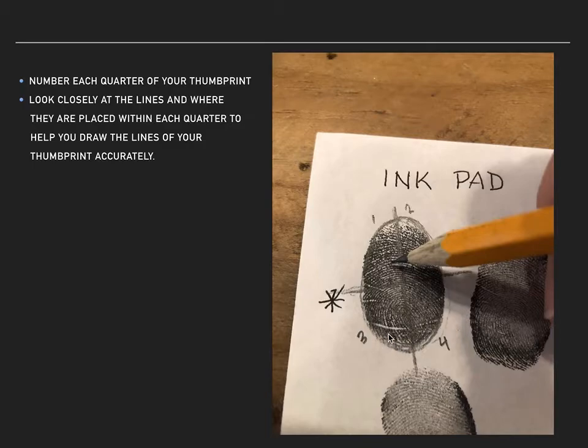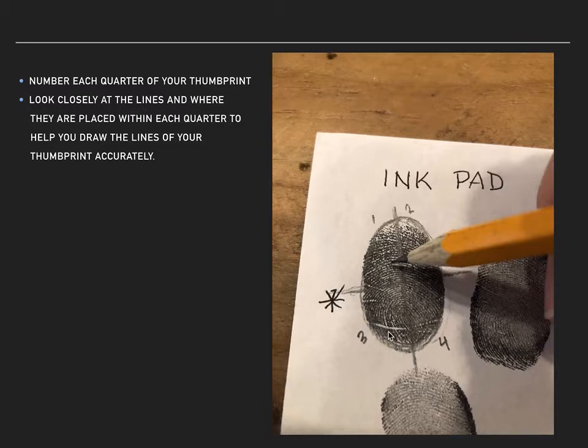Then from there I noticed lines going around it and where they hit the vertical axis and come back down, and even how it changes throughout each quarter. And up here it comes out further and doesn't wrap all the way around.